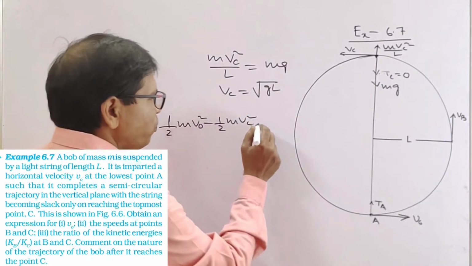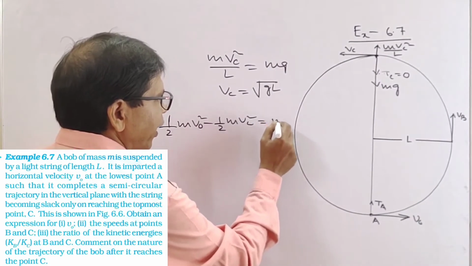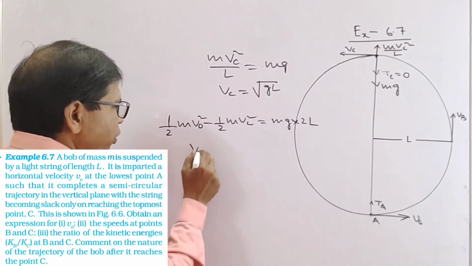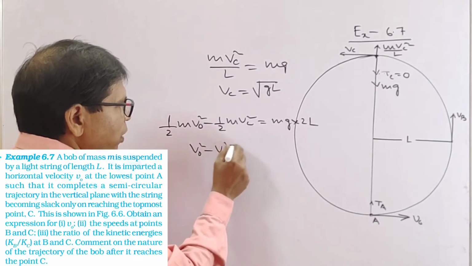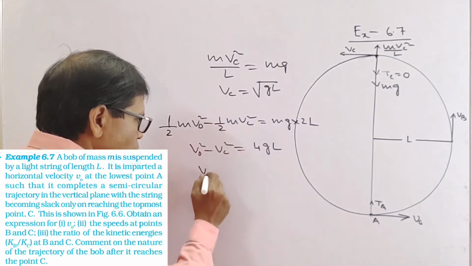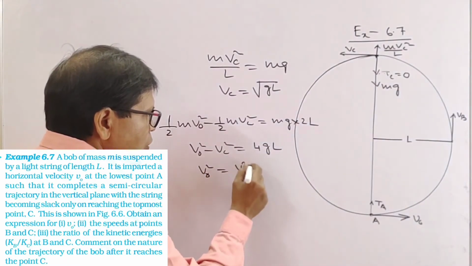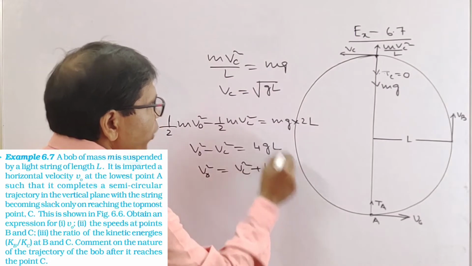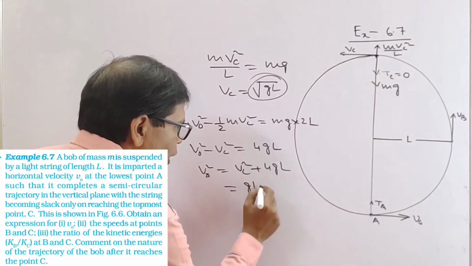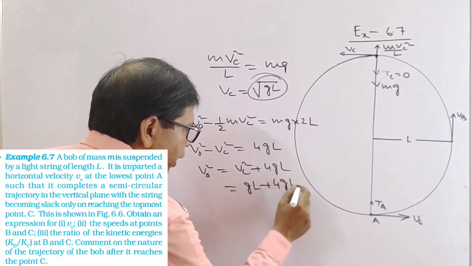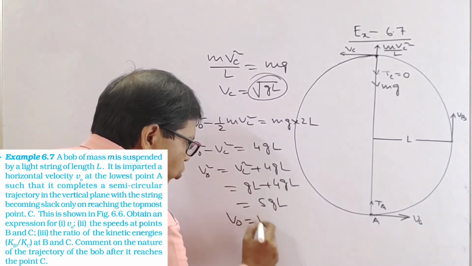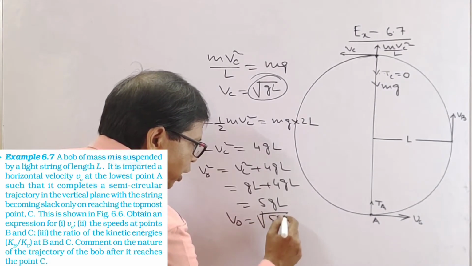So here v naught square minus vc square is 4gL. Now v naught square equals vc square plus 4gL. Look at this, vc equal to root under gL. So this is gL plus 4gL, that is 5gL. So v0 equals root under 5gL.